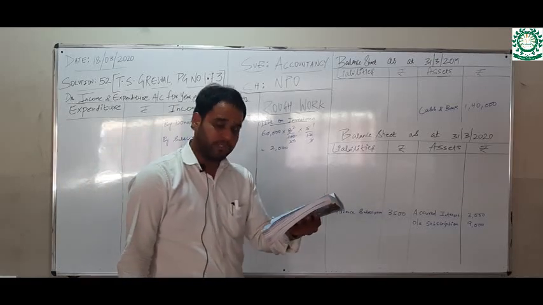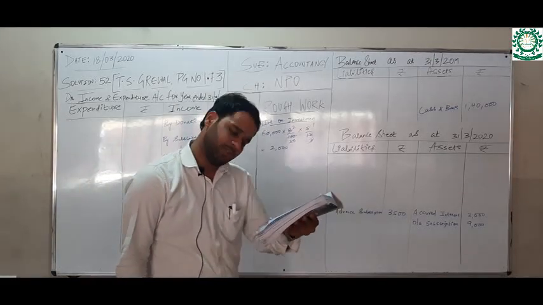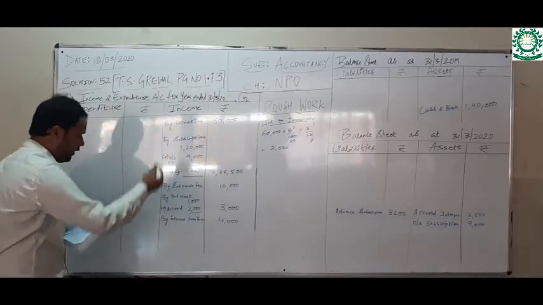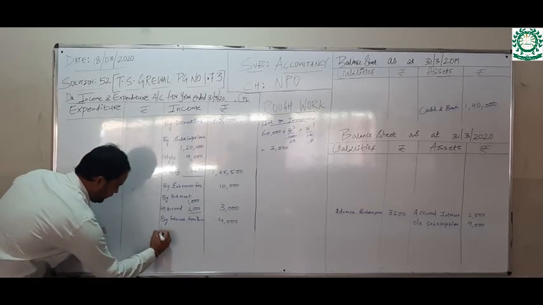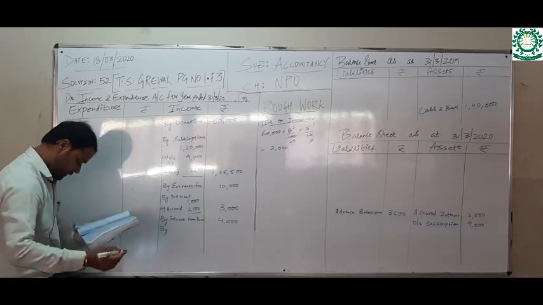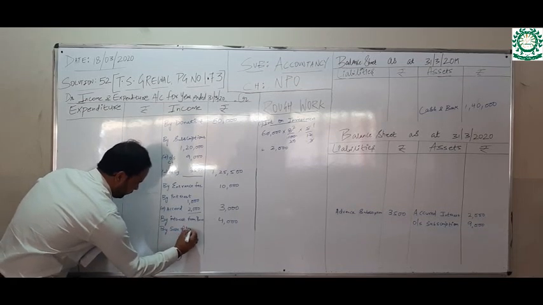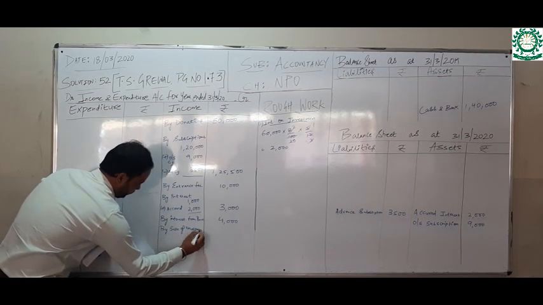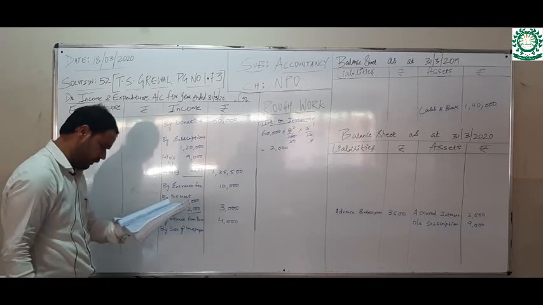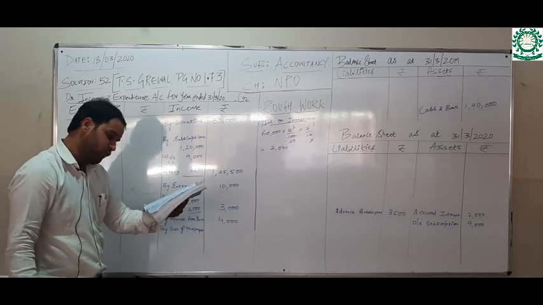Again, next item, that is sale of old newspaper, again regular nature income will be recorded in income and expenditure credit side, that is by sale of old newspaper, that amounts to 1,500.